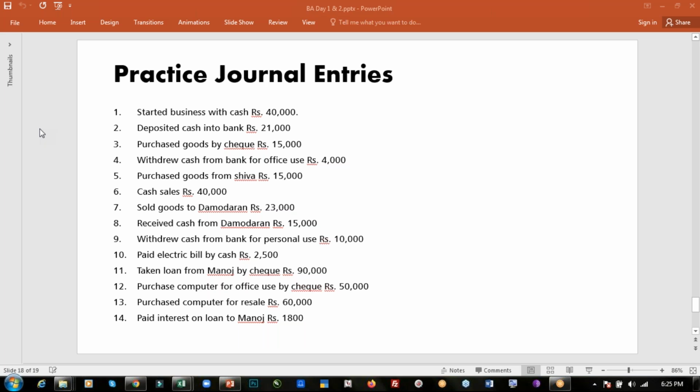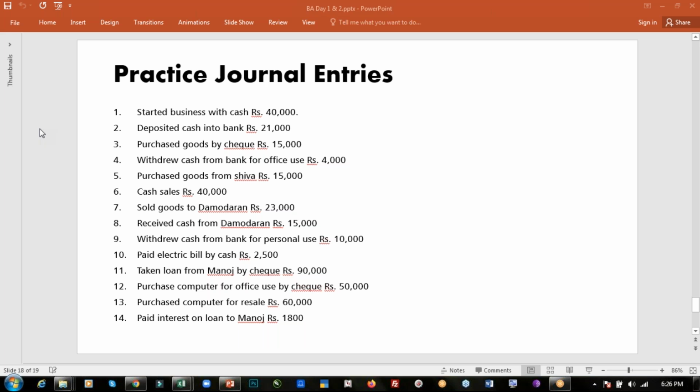All right. Now the eighth point, receive cash from Damodaran. What will be the journal entry? Because from Damodaran we are receiving the payment, cash is coming, so cash goes for the debit.